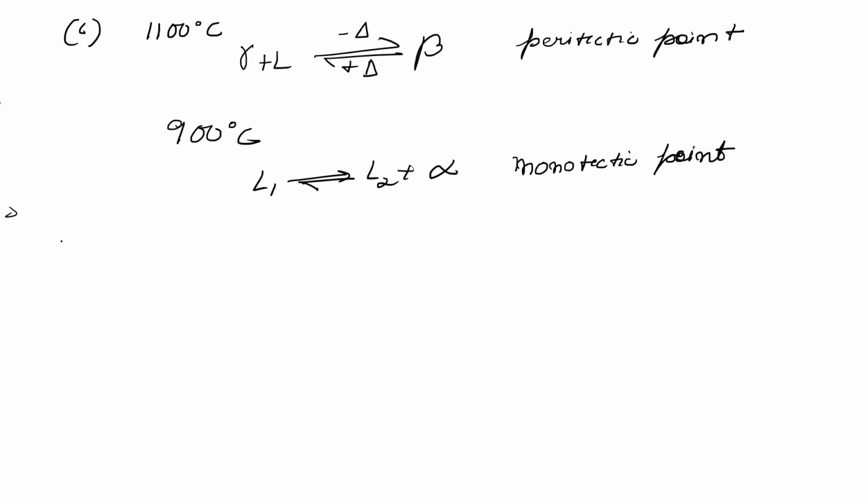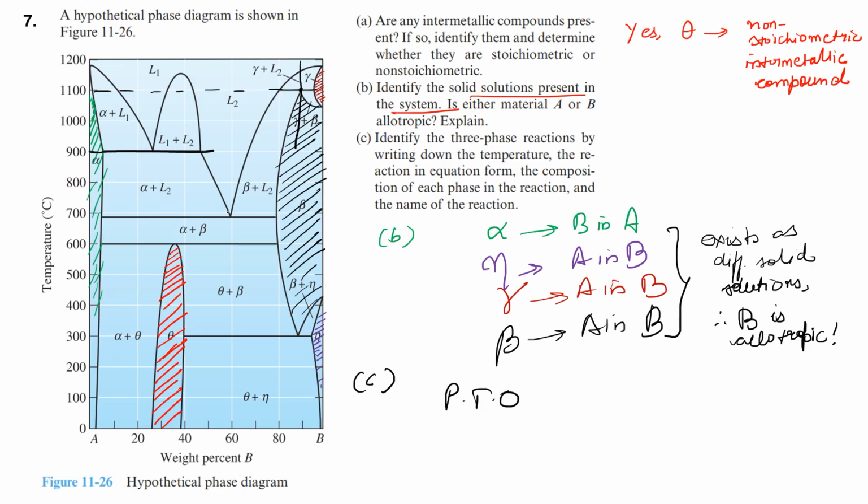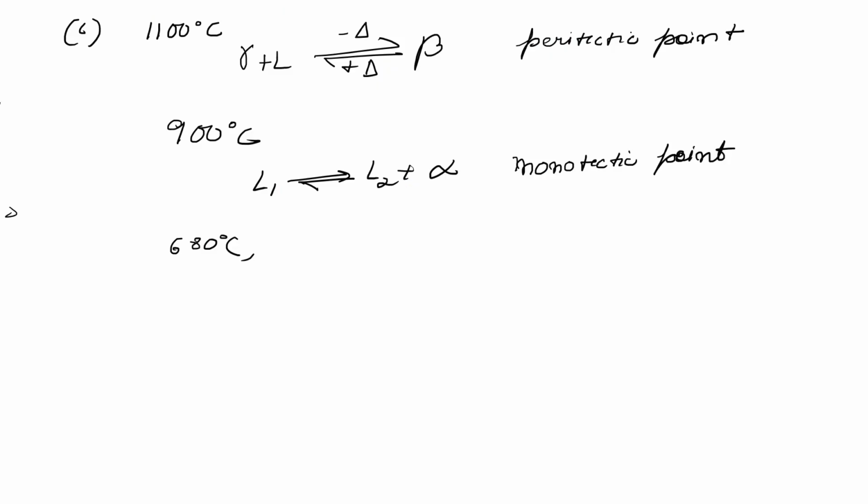Monotectic point. And at 680 degrees centigrade, which is closer to 700 here, we have a pure eutectic form because we have liquid to complete solid transition. So L2 transfers to alpha plus beta, right? This is the eutectic point.